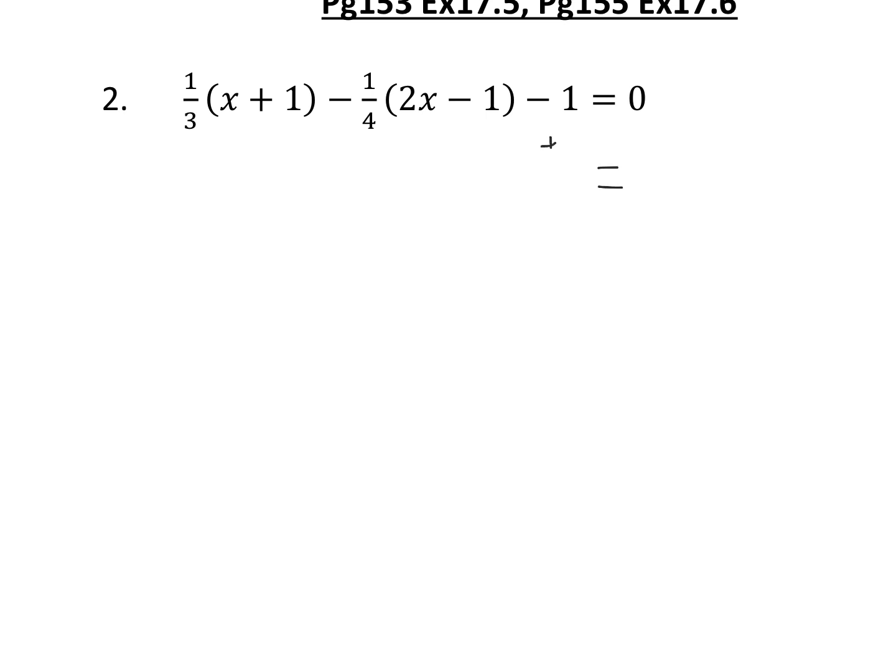If we add 1 to both sides, there'll be a number on the right-hand side there, which should be more familiar with that. Then we've got a third of x plus 1. If you've got a third of something, that's the same as dividing it by 3. And then we've got a quarter of 2x minus 1. That's the same as having 2x minus 1 and dividing it by 4.